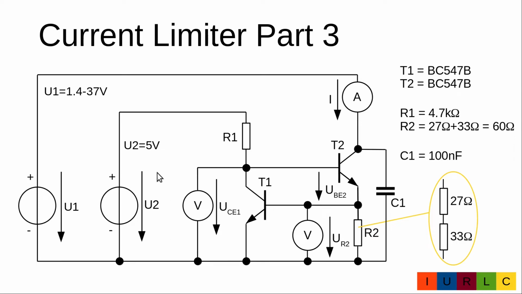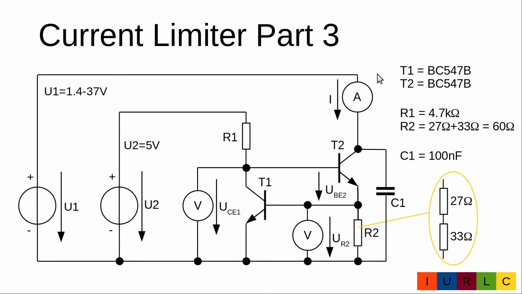The control voltage U2, which is 5 volt, goes via the 4.7 kilo ohm resistor and the transistor T1, which is a BC547B, and back to the control voltage. The node between R1 and the collector of T1 is connected to the base of T2. The node of emitter T2 and the resistor R2 is connected to the base of transistor T1.